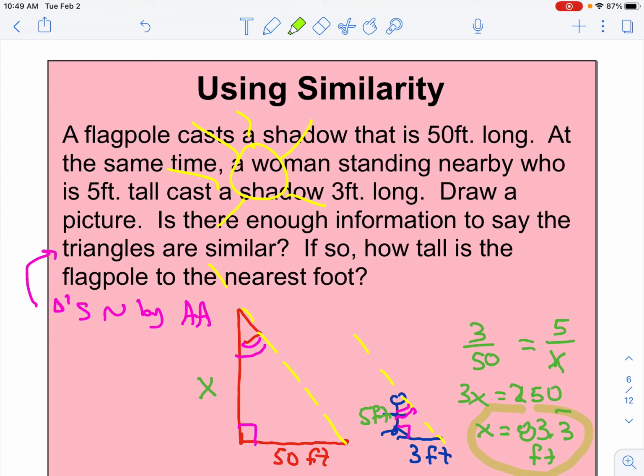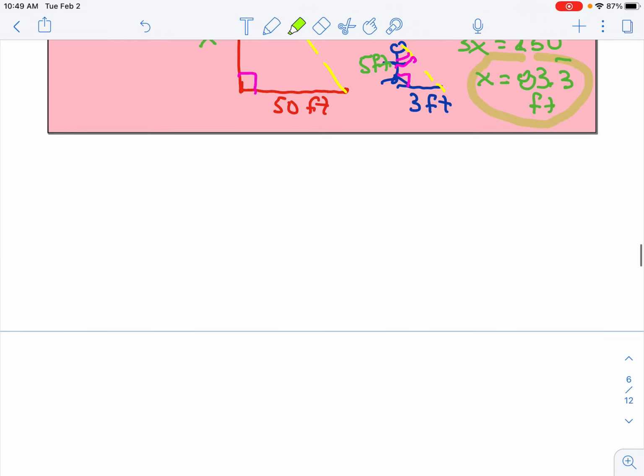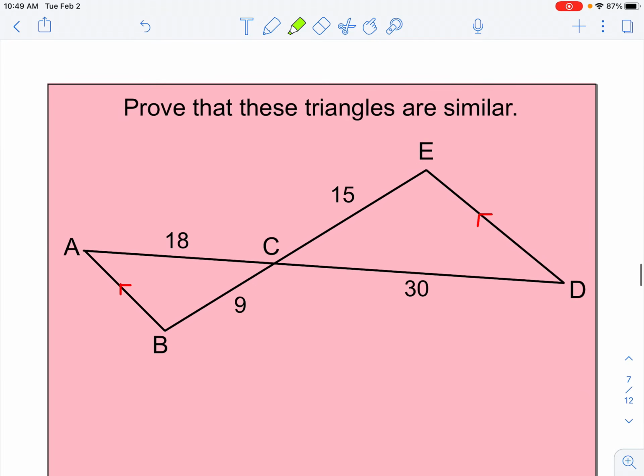You've done some of these problems, but you probably just did them because your math teacher said, hey, this works, so use it. But this is why it works, because the two triangles formed by the sun's rays are similar triangles.